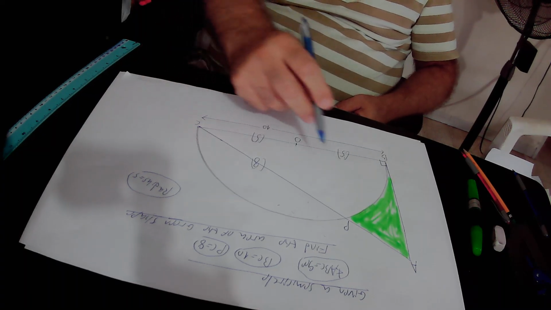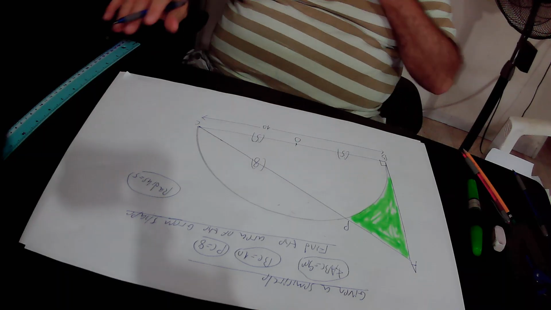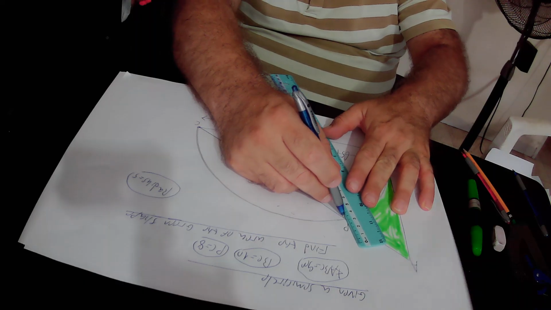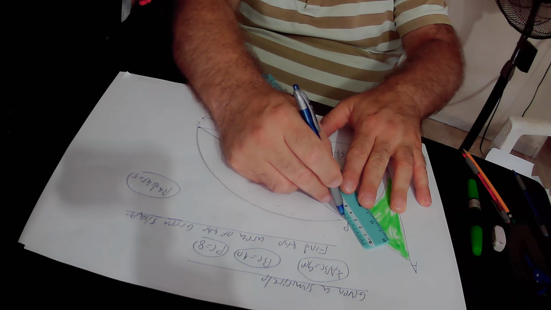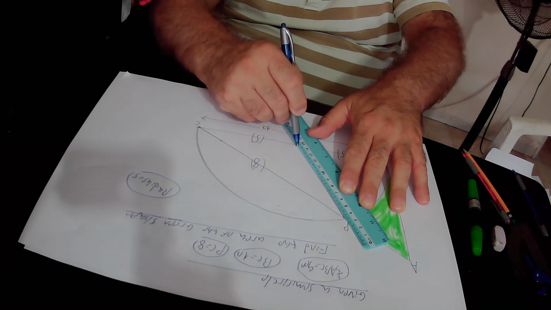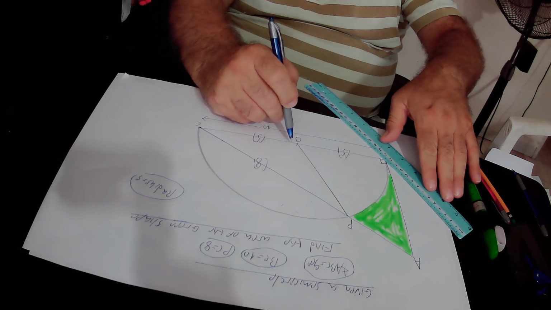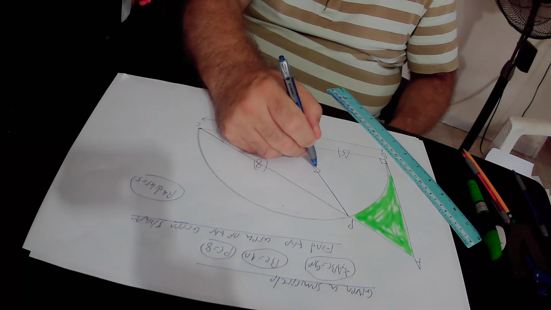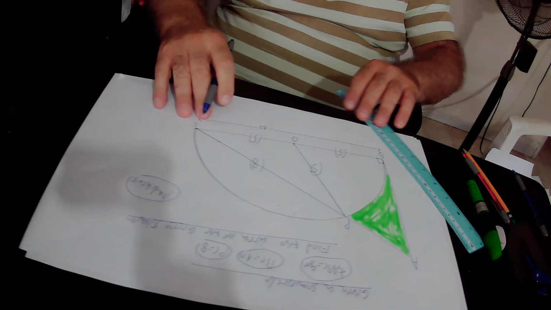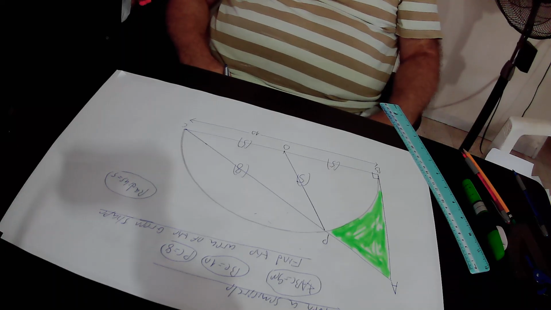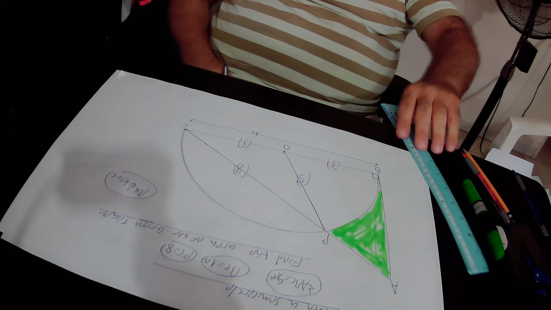We join points P and O together by a straight line. PO is also the radius of the semicircle, that is equal to 5 units in length. In the next step, we join points P and B together by a straight line.